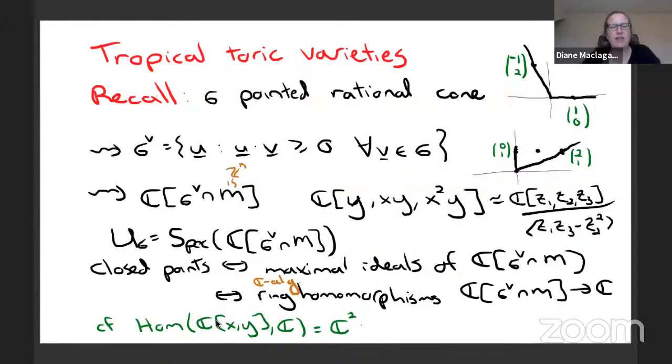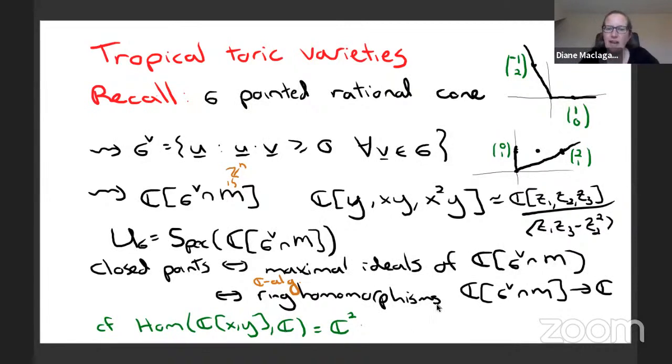You should compare this to if I have a polynomial ring in 2 variables, then the homomorphisms from the polynomial ring in 2 variables to the complex numbers, that's just going to be C squared. I just have to remember where does X go and where does Y go. Again, to define a C-algebra homomorphism from the polynomial ring in 2 variables to the complex numbers, I only have to tell you where X is sent, where Y is sent, and that determines the homomorphism.